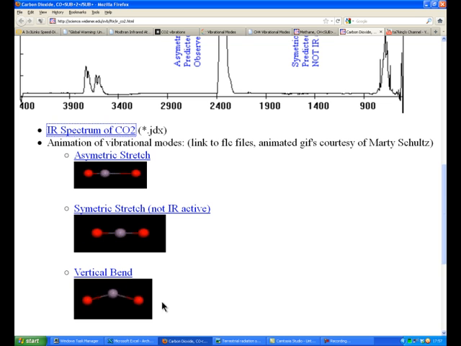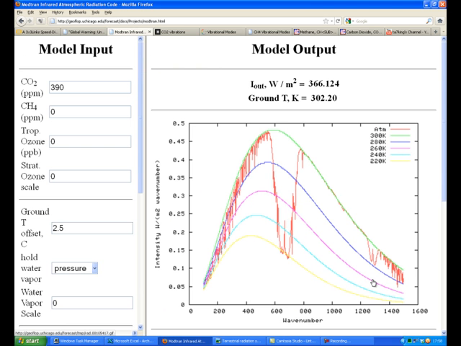If we look at the graph at the top, we can see that the bending moment is about 600 or 700 cycles per centimeter. So let's go back to the plot again. So here's the reduction shown, at about 600 or 700 cycles per centimeter. So we know that that is CO2.